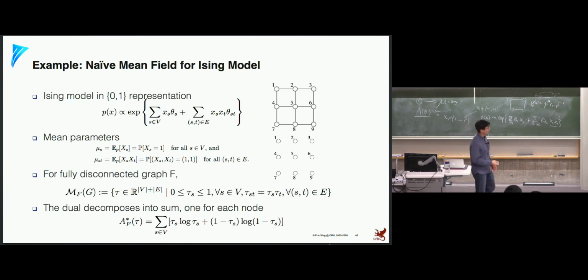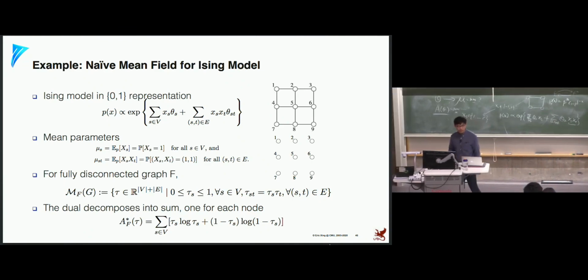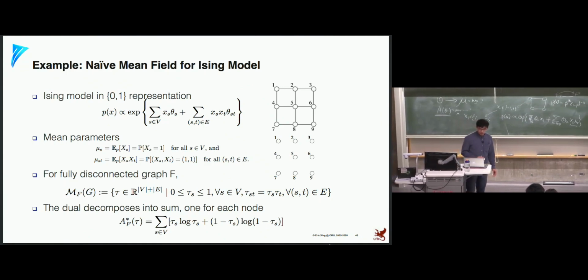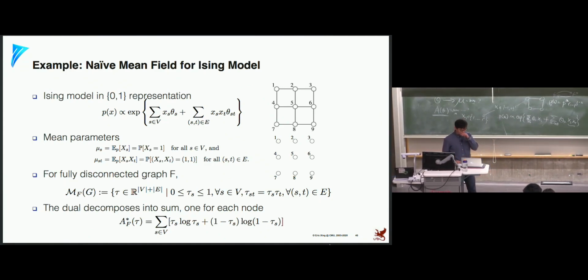One example is naive mean field. Given the Ising model, if we ignore all the edges, so we don't preserve any edges or any trees and just keep the variables alone, then the resulting graph looks something like below, and we can go through the same process again and form the marginal polytope.